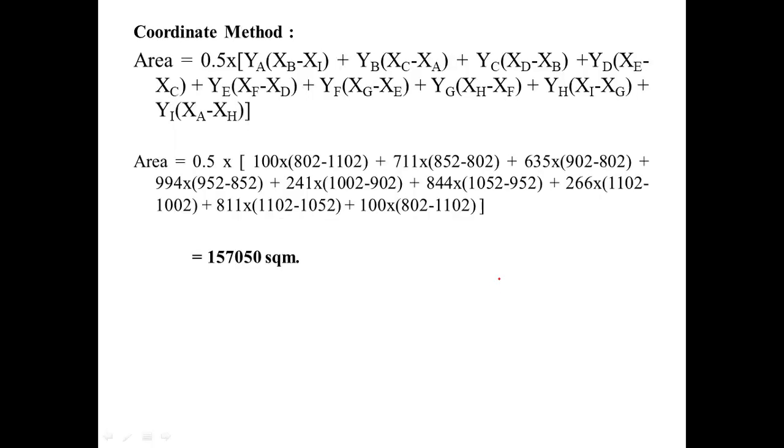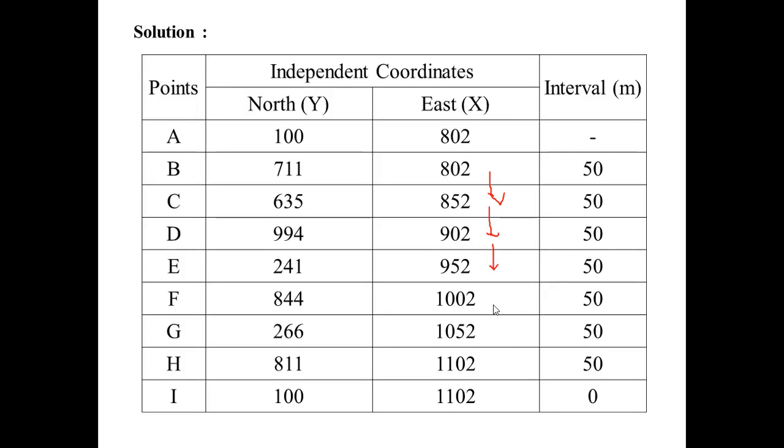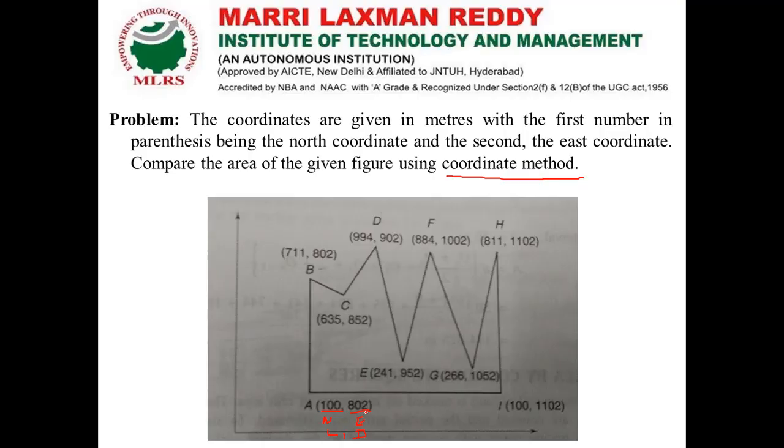Now the area using the coordinate method. We all know that it is 0.5 into, YA, YB, YC, likewise, the X and Y coordinates. Now the formula is area equal to 0.5 into.